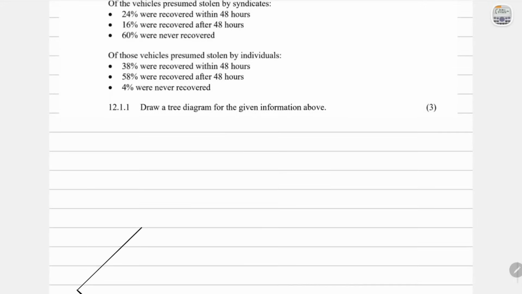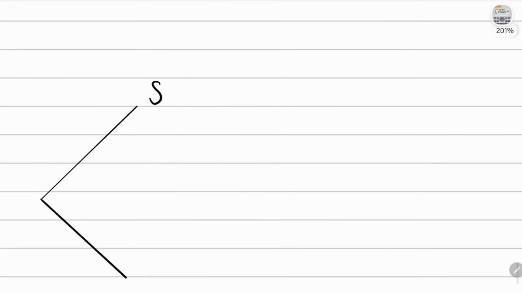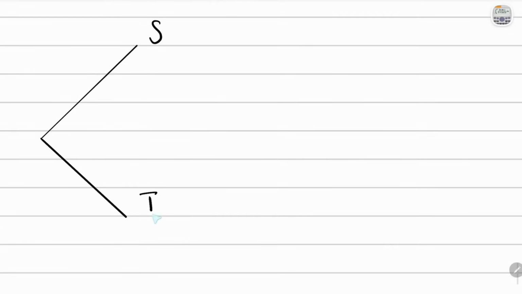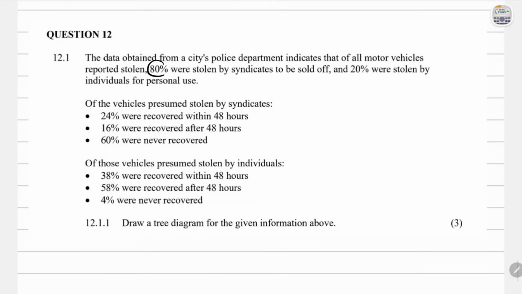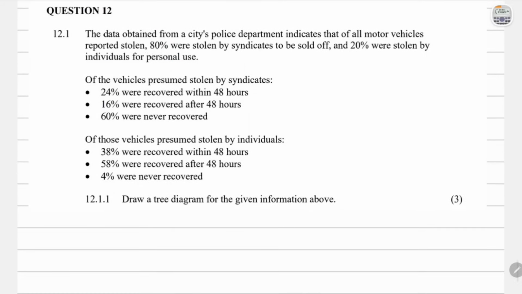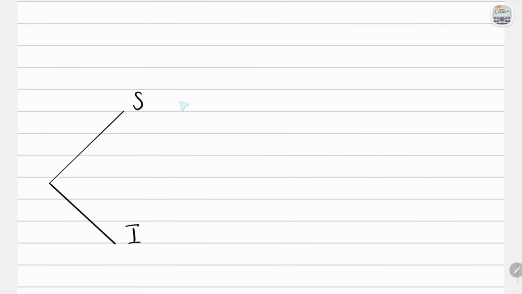We're going to have two big branches: the first one would be the vehicles stolen by syndicates, which I'll just call S, and then individuals. That was 80% for syndicates and 20% for individuals, so we'll put 80% over here, and then 20%.